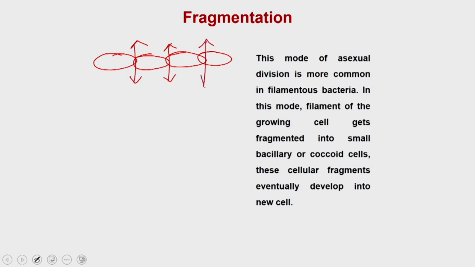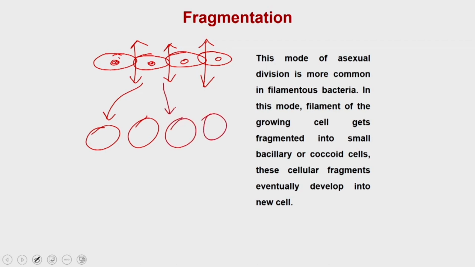Every filament has the nucleus in the center, and all these pieces are going to form individual bodies, and that is how the filamentous bacteria forms the individual bodies. All these fragments are going to grow and give individual cells. Again, these cells will grow in the form of filaments, and they will give the new bacteria.